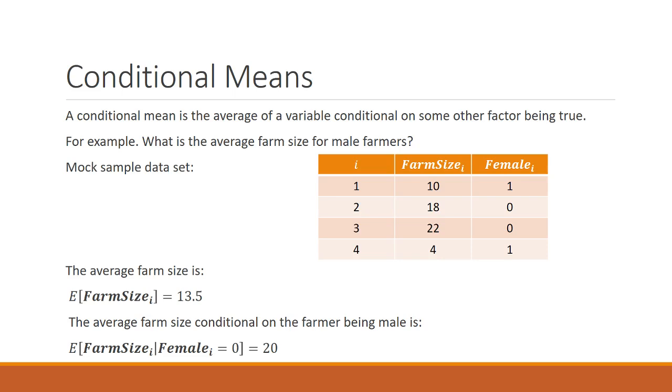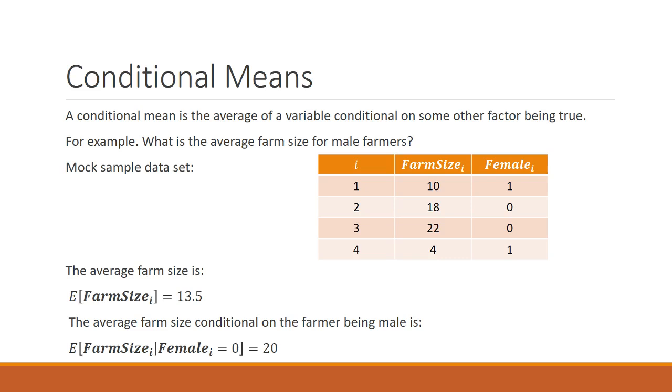If I ask, how much more land do male farmers have than female farmers? What I would do is calculate the conditional mean of farm size, conditional on being male, and the conditional mean, conditional on being female, and then I'd subtract. And that will tell me the difference.